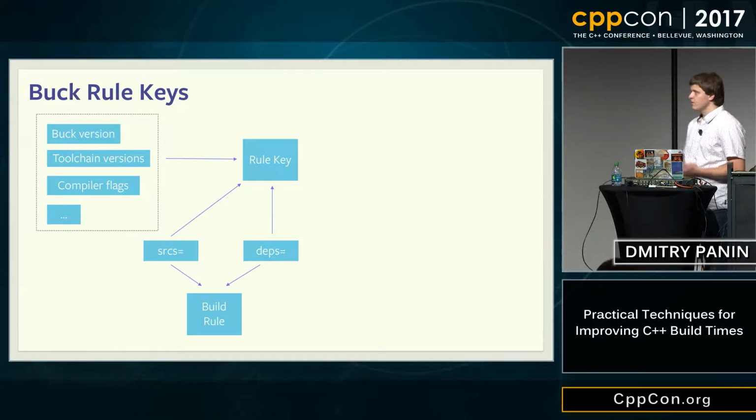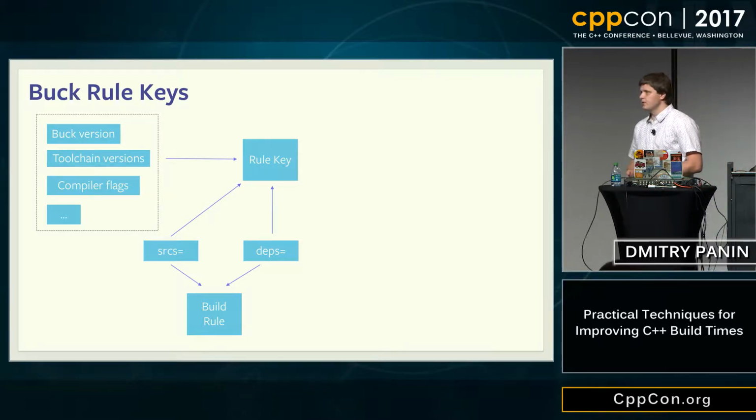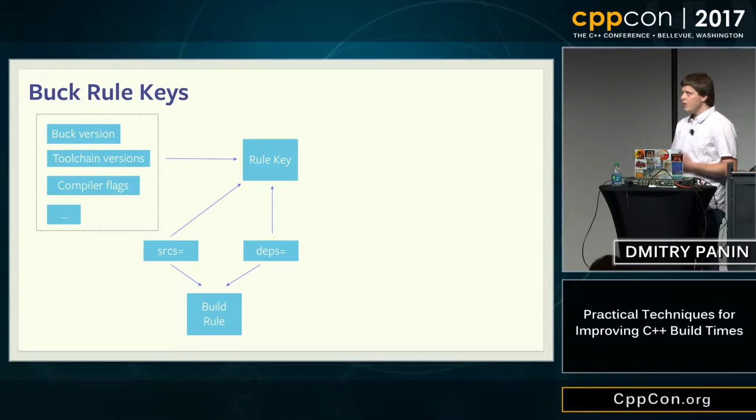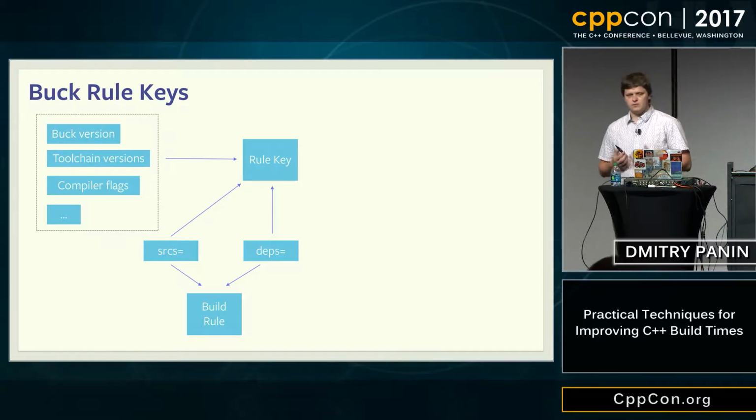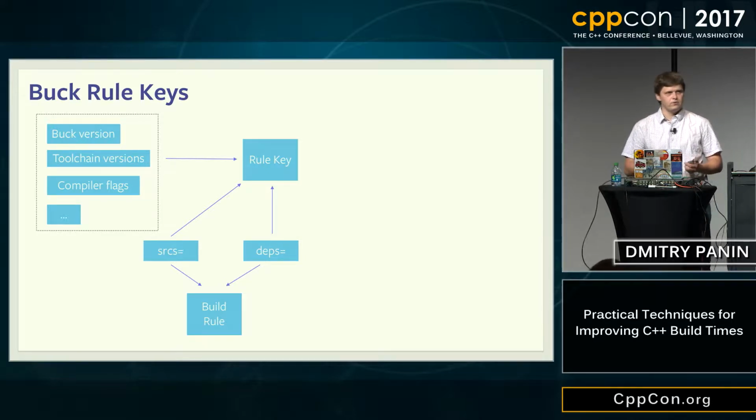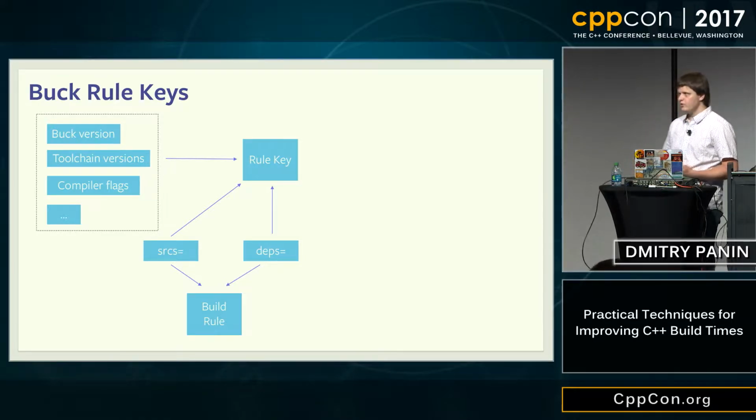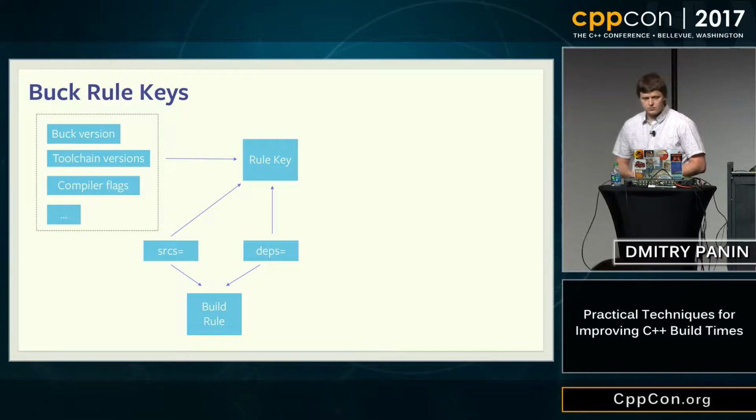Okay, so let's talk about how Buck achieves incremental builds. The key concept here is rule keys. The idea is to encode some information into the rule key so that if the rule key does not change, then we don't need to make a rebuild.